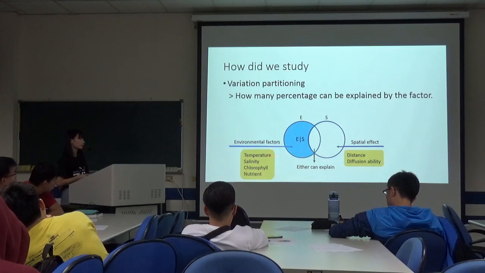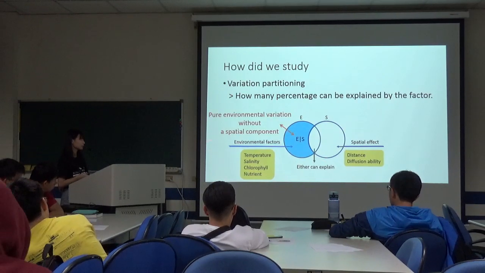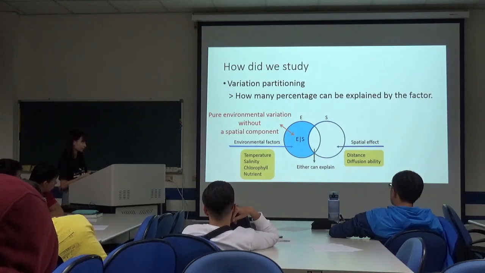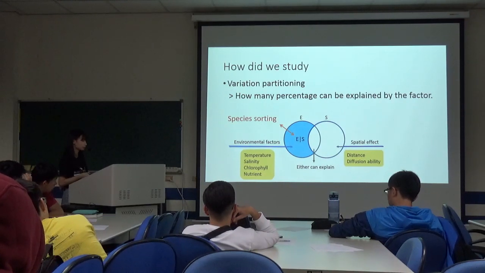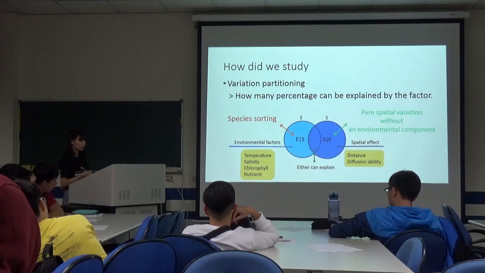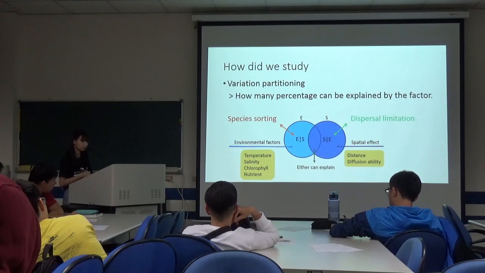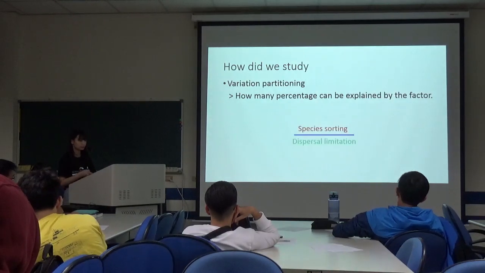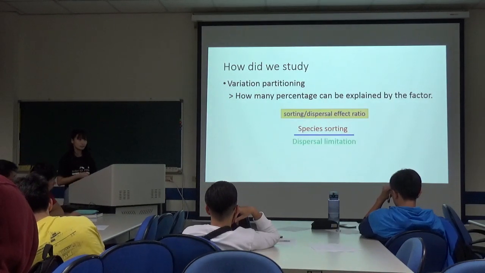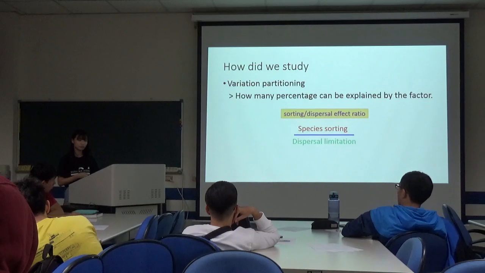Then we get E without S, pure environmental variation without a spatial component, which means species sorting. And S without E, pure spatial variation without an environmental component, as dispersal limitation. Then we divide species sorting by dispersal limitation. This is the so-called sorting dispersal effect ratio.